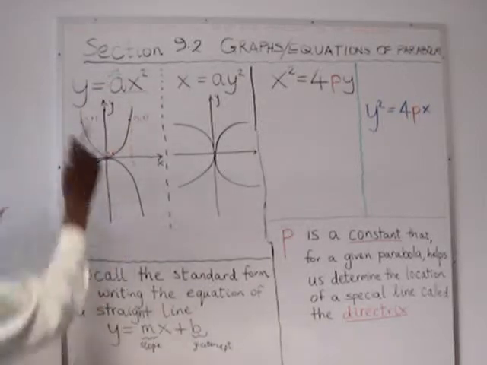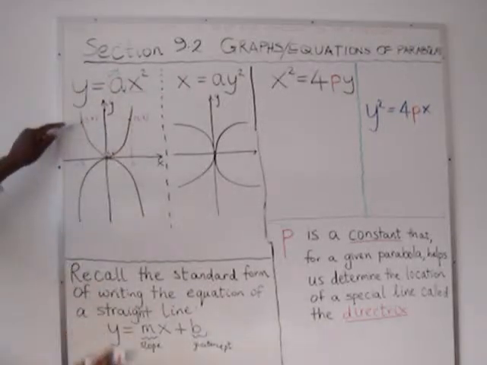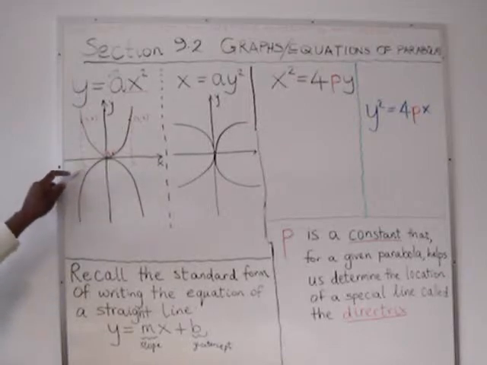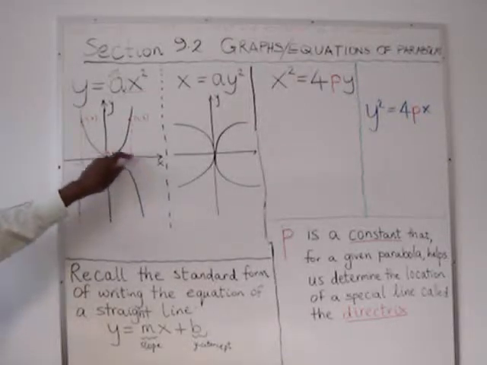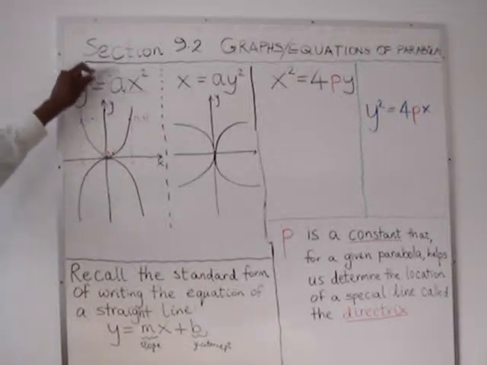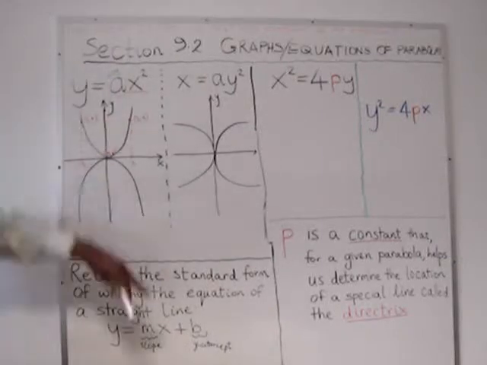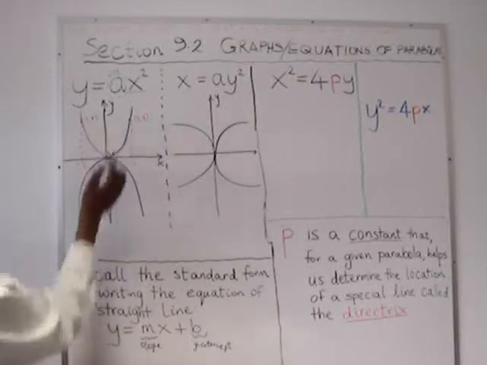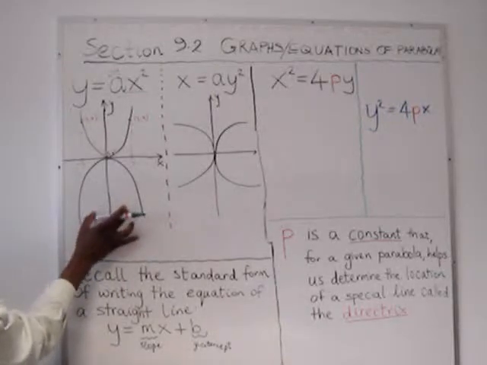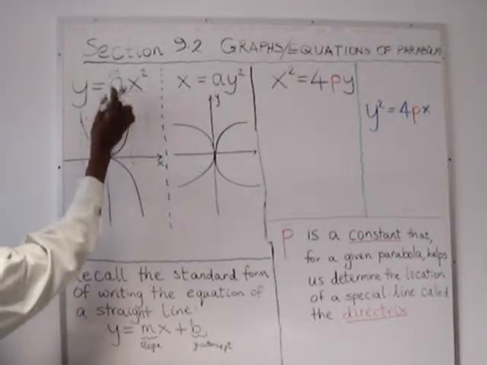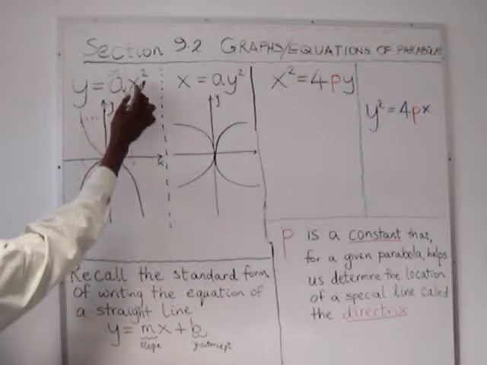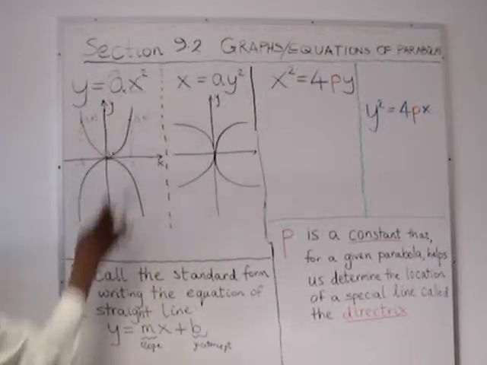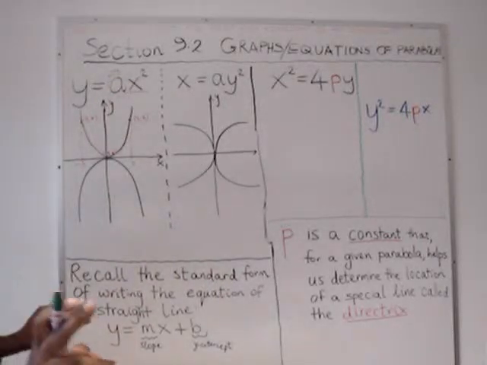Well, the rest of it will still behave the same way. You still square minus 3, you get 9. You square 3, you get 9. But because of this negative, it's going to now reflect everything downwards. The reason you have a downward facing parabola is because the constant sitting next to your x squared is a negative number.